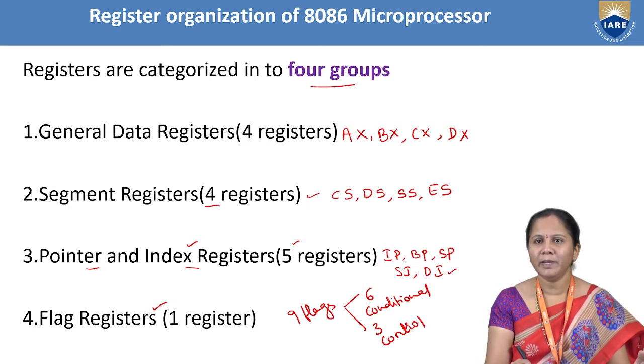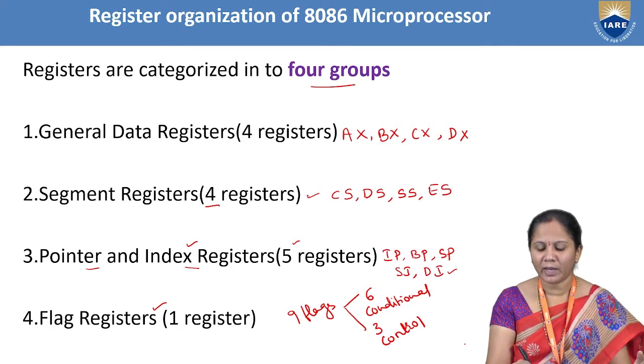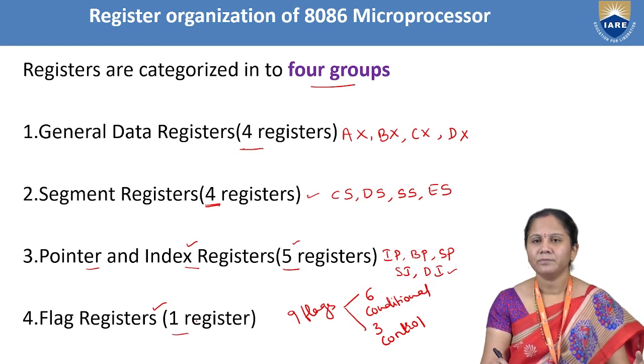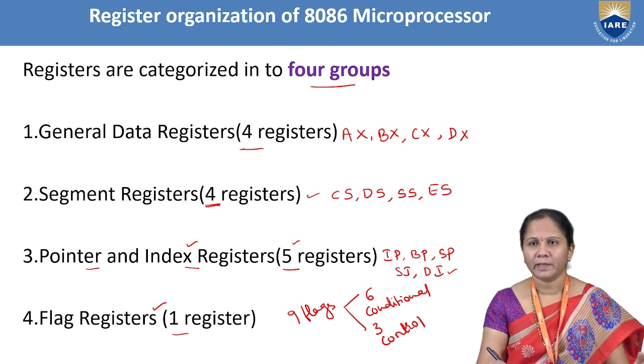Among these 9 flags, 6 flags come under conditional flags, and 3 flags come under control flags. So totally 9, and the remaining flags are don't care.